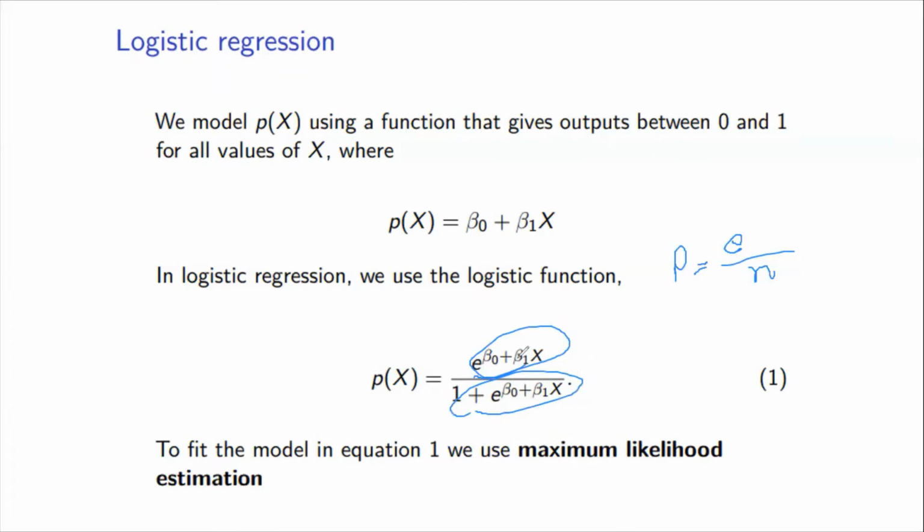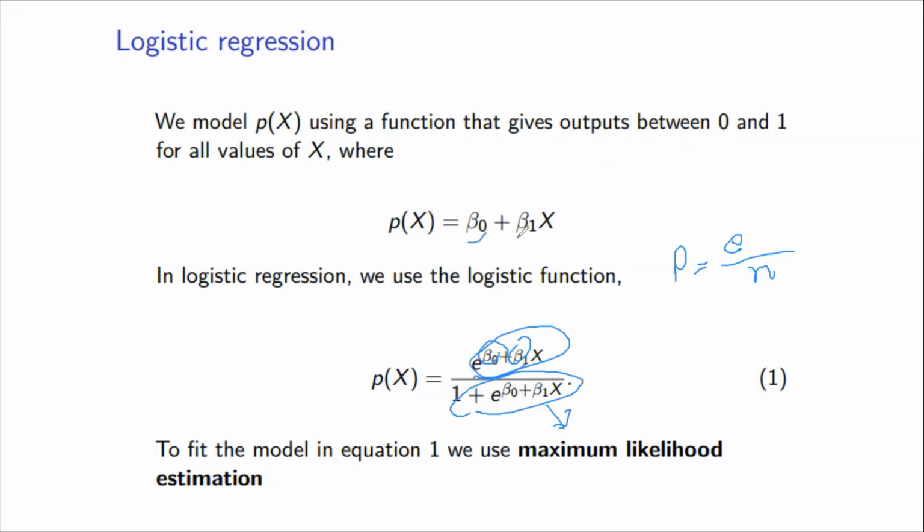We calculate this beta 0 and beta 1 by using maximum likelihood estimation. If you don't understand that, I skipped a lot of detailed explanation, so just remember this. For every model we have an intercept and slope.